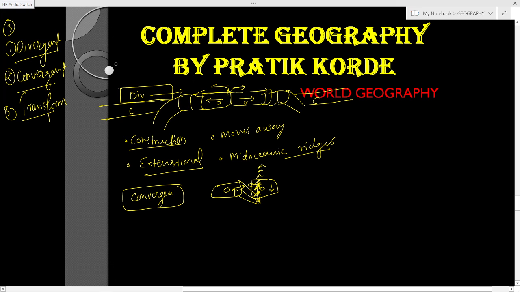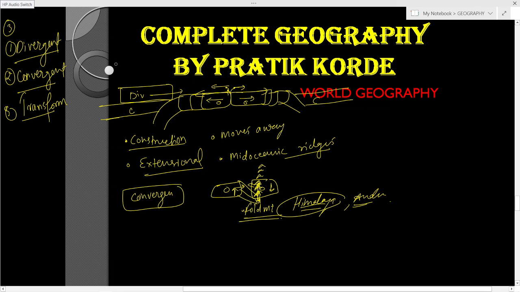So you will find various fold mountains across the coast. You see the example of Himalaya, Andes, etc. as examples of convergent edges.